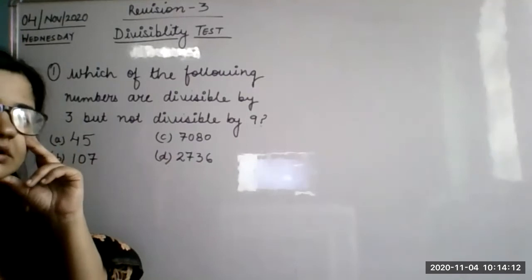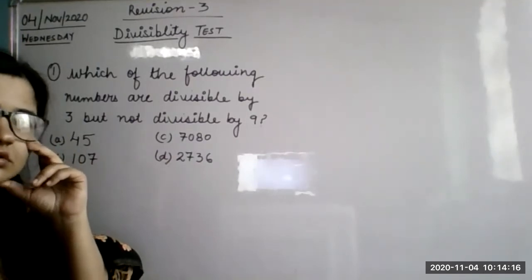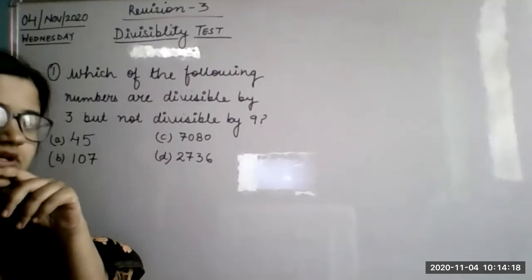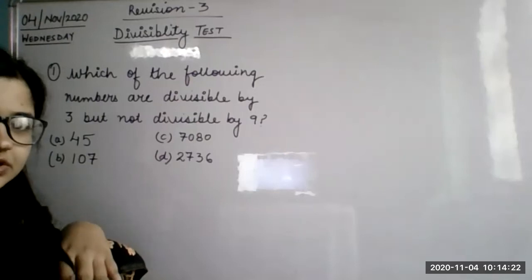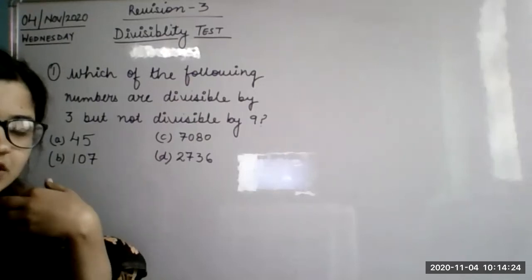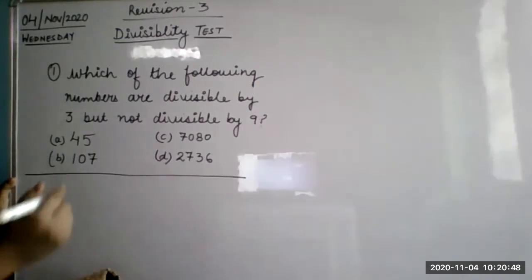Ma'am, we have to do the sum of it and show it to you. Yes, obviously. You have to send this to me on WhatsApp. I will see how many of you know this. It is compulsory that you solve in my way only.